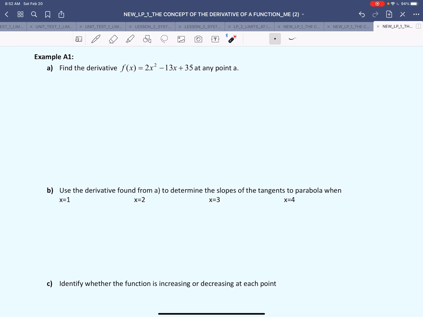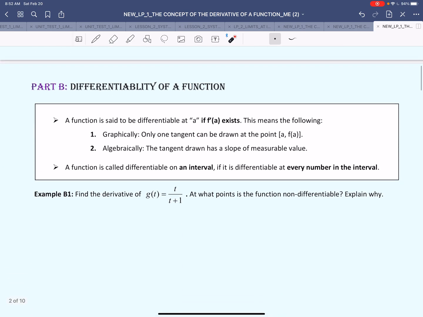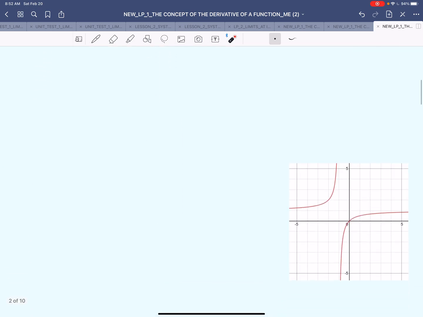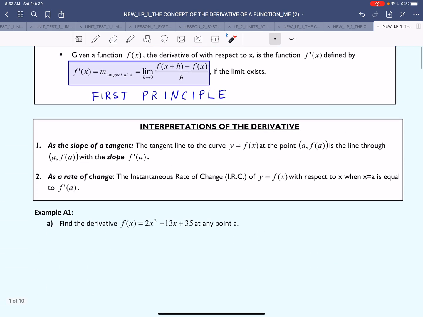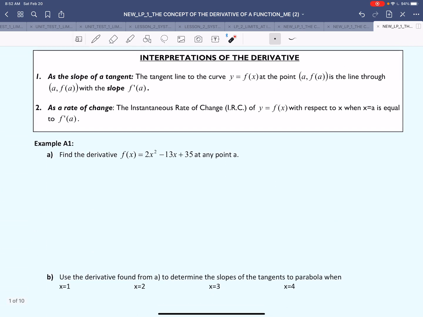So we're going to get started here with practicing how to determine the derivatives in various functions. As examples, I brought in a quadratic and then a rational, and later on we are going to try a square root function. So to find the derivative of f of x equals 2x squared minus 13x plus 35 at any point a means that we need to find f prime at a.